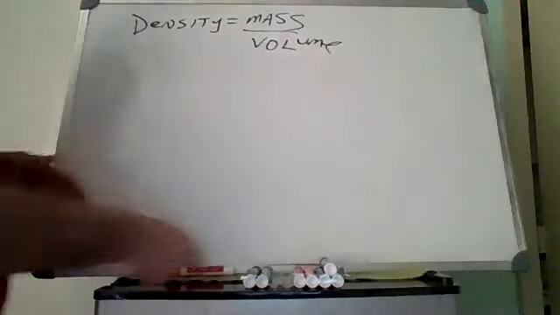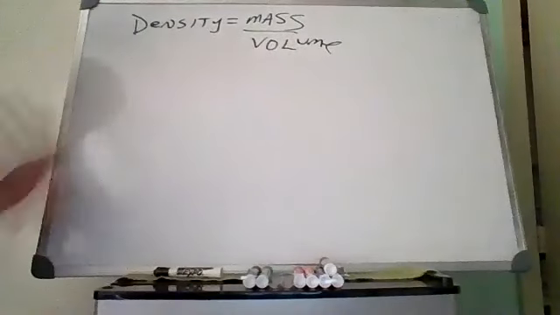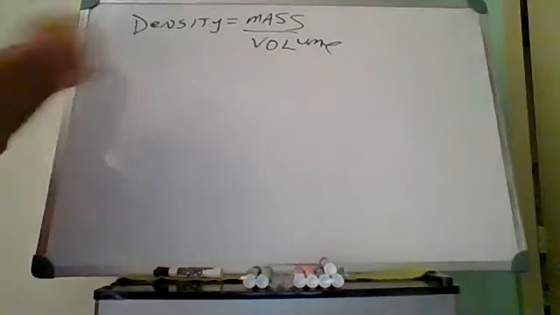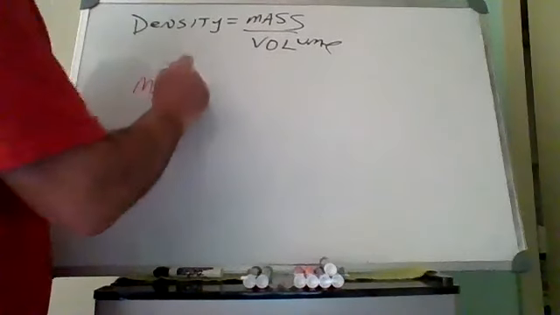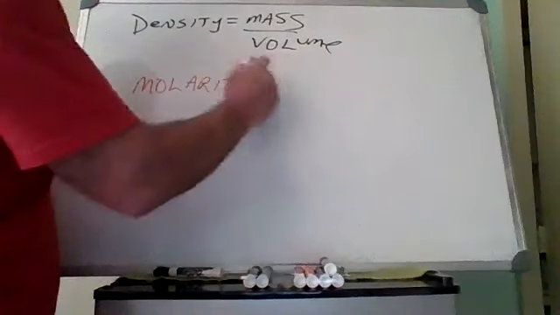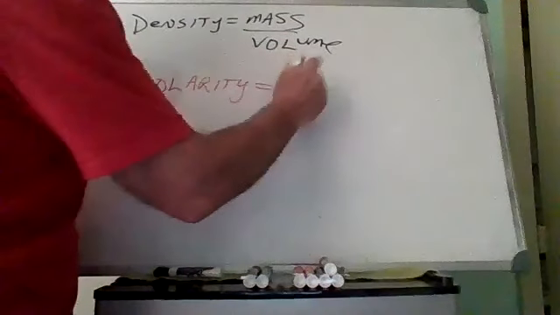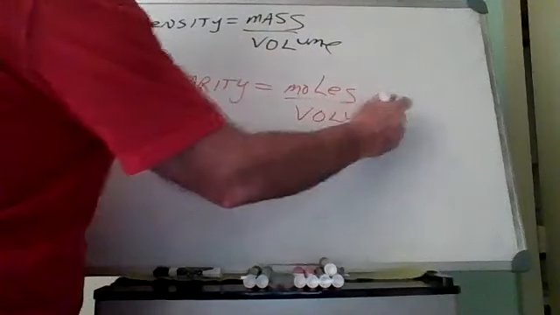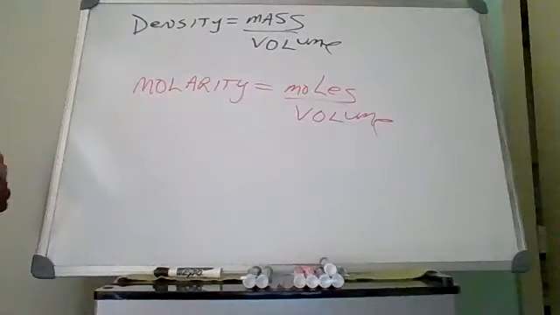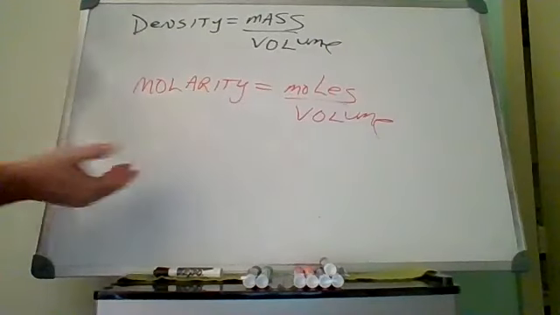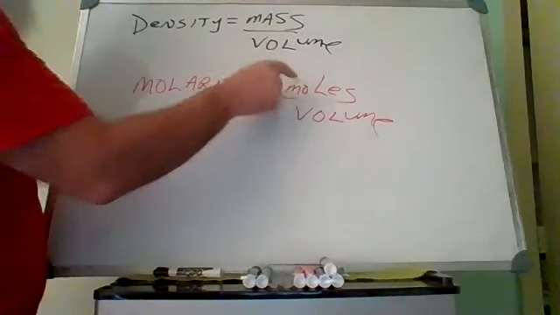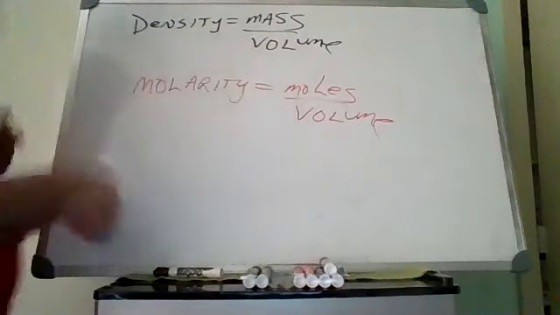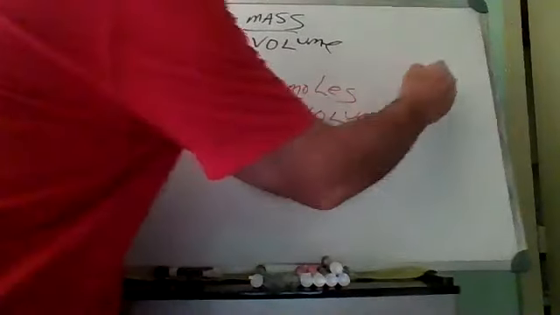Okay, well, today we're going to take a look at, there's 6 or 7 ways to express concentration, but the one we're going to look at is molarity equals moles divided by volume. So this looks very similar to density. So when we express the concentration of a solution, we're talking about the number of moles of whatever it is we're trying to dissolve, which is called the solute.